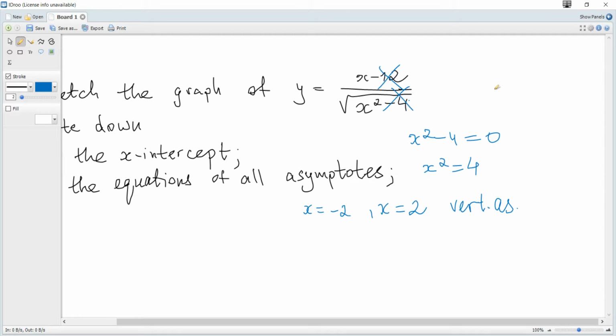And when x is very large positive, y acts like x divided by, but square root of x squared is the absolute value of x. And you can see that we get same powers of x, so horizontal asymptote exists, and it's just division of coefficients, and it's just 1 over 1, so y is 1 is the horizontal asymptote, and it's the limit when x tends to plus infinity.